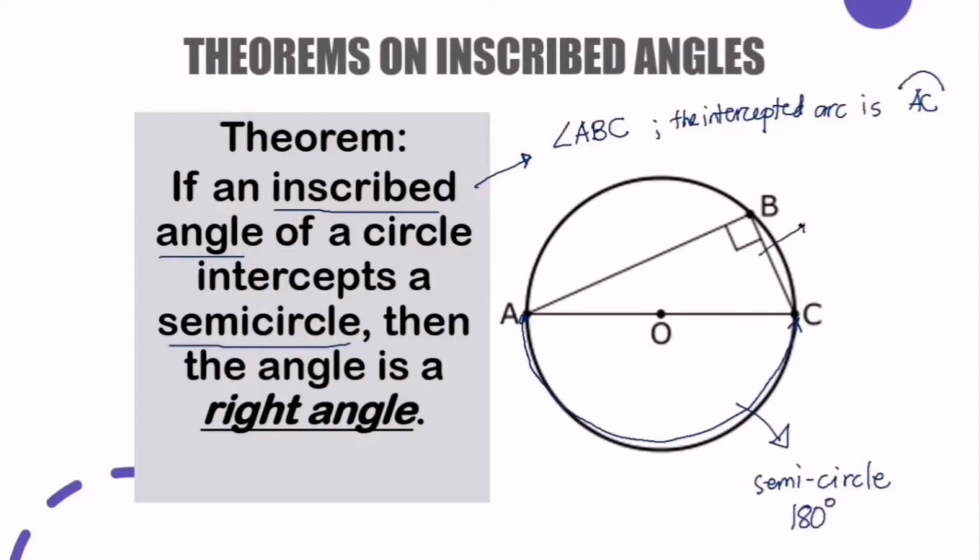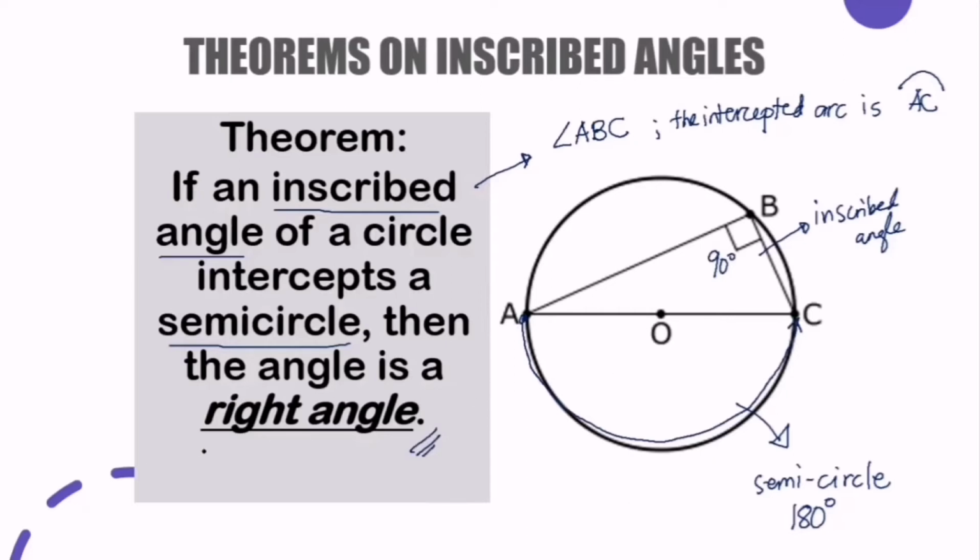Since this one is an inscribed angle, based on its measurement, we need to get half of the semicircle, or the 180 degrees intercepted arc. That's why this one forms 90 degrees, or a right angle.